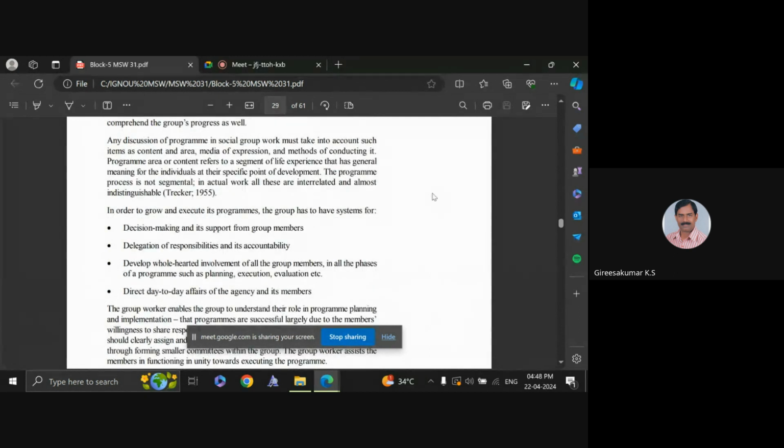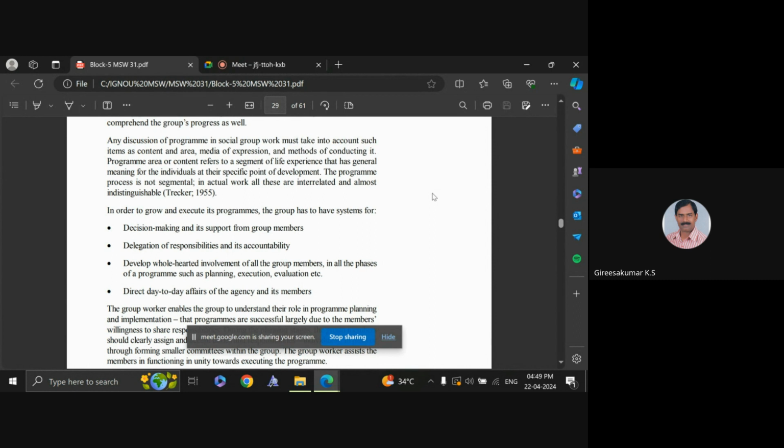The group has to have systems for decision making, then delegation of responsibilities and accountability. Delegation means dividing the work and engaging each one to do a particular work.